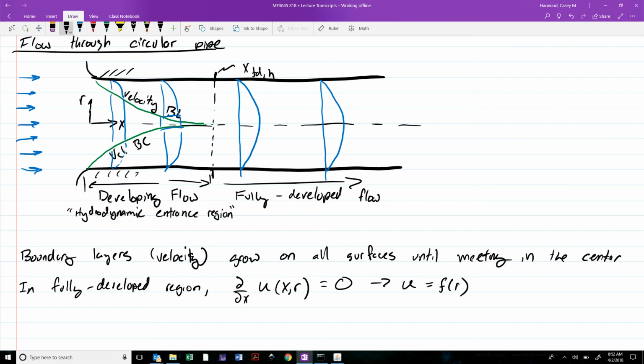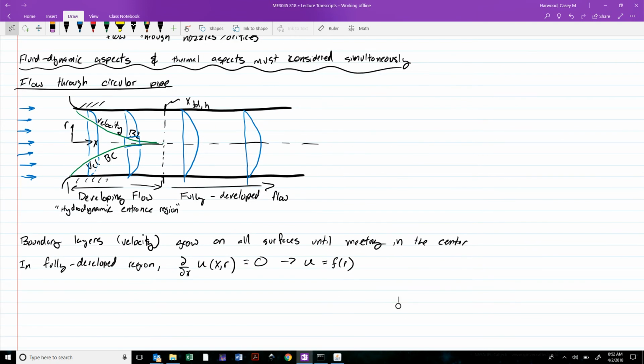So the math, the theory behind fully developed flow, laminar, turbulent, etc., we've seen this all in fluids, and so we're going to fast forward through this and just summarize a few of the key points and move on to the thermal considerations. If we need to come back and revisit any of this, we'll do that as we decide is necessary.